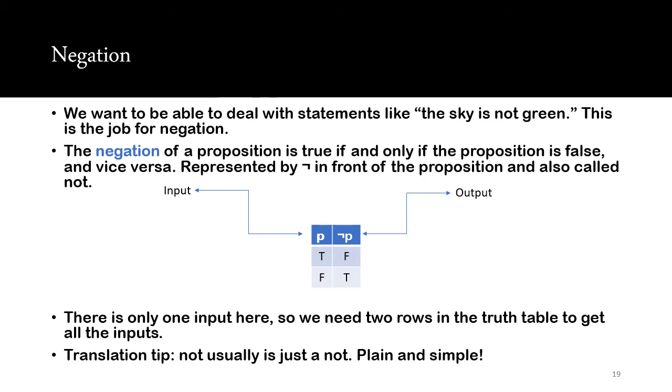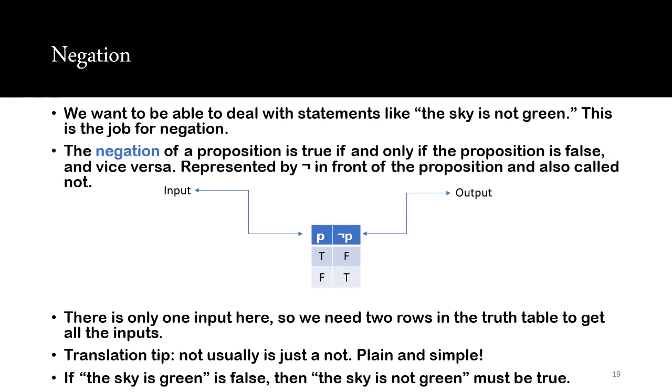So here's a little translation tip. Not is just a not. There's no tomfoolery here. When you see not, it always means this. If you can find me an example where it's not true, please tell me in the comments below.